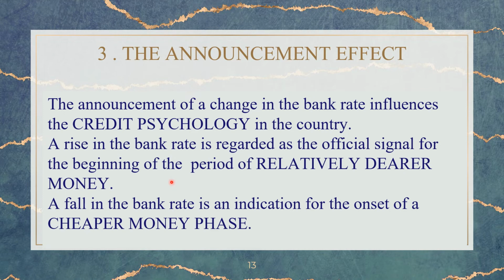Everything is going to get costly. Money is going to get costly if the bank rate is increased. This is how the psychology of the people is going to work. And if there is a fall in the bank rate, it is an indication of the onset of a cheaper money phase. Credit will be available at a very low cost. This is how the announcement of a bank rate change affects the country.